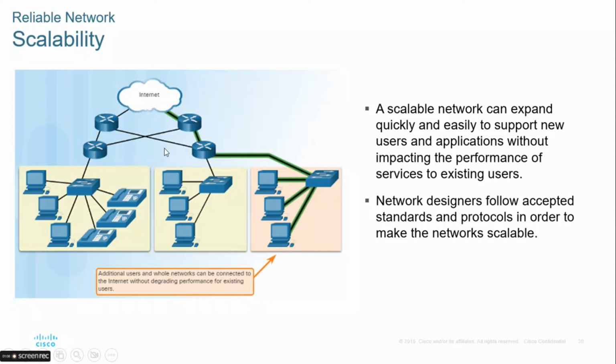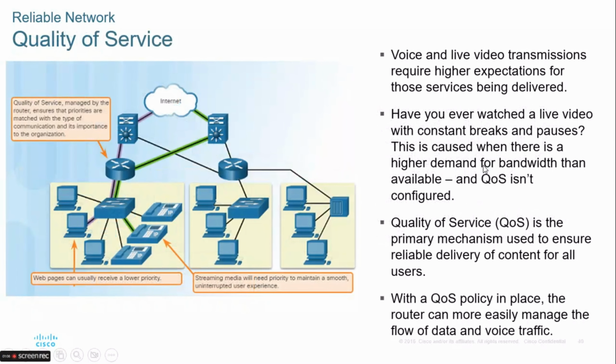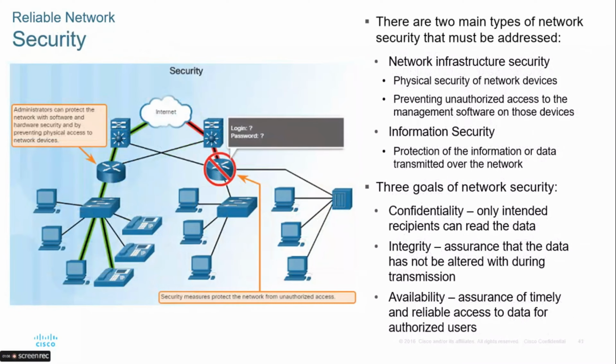What if new people join that organization? It will be difficult to connect them. So that is scalability. Quality of service. Voice and live video transmission have higher expectations for those services being delivered because they are bandwidth hungry. So they are given a priority.